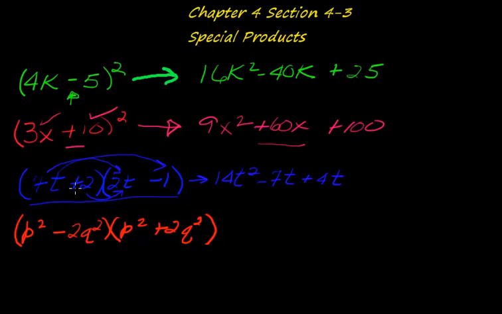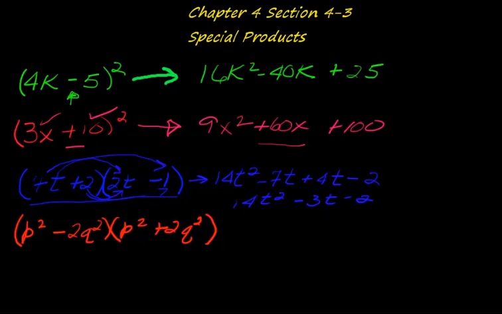And a positive 2 times a negative 1 is minus 2. Combine like terms, and we get 14t squared minus 3t minus 2.